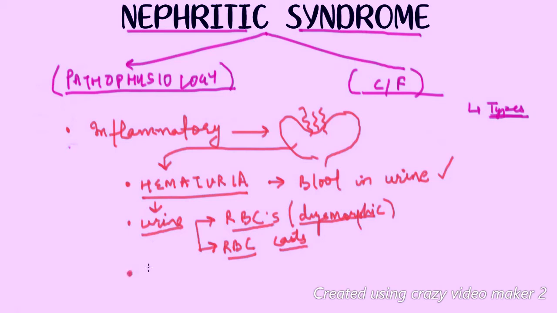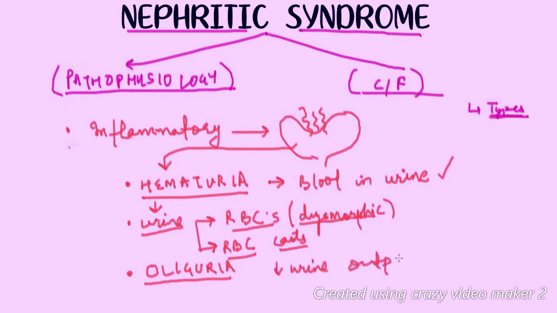Now, since in the glomerulus there is inflammation, as a result of this, the urine output will decrease, and whenever there is a decrease in the urine output, it is called oliguria. So in case of nephritic syndrome, we will have oliguria, that is, there will be a decrease in the urine output.